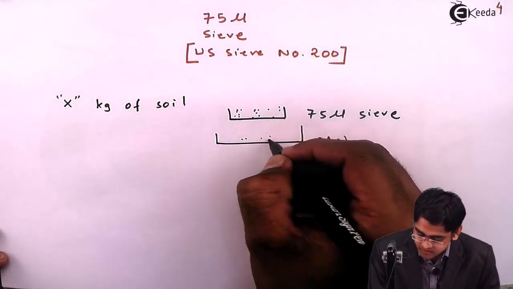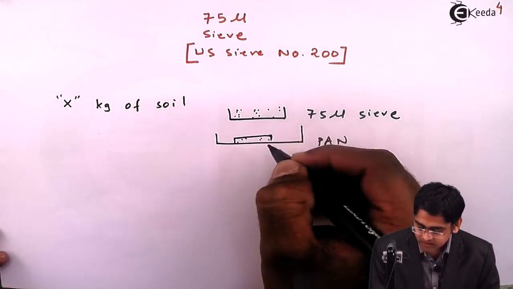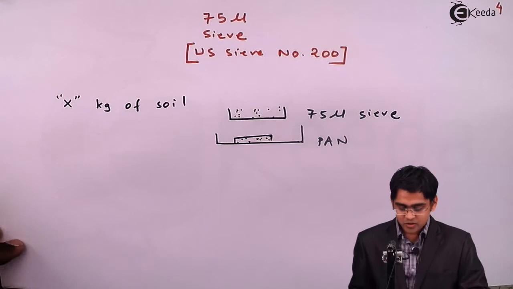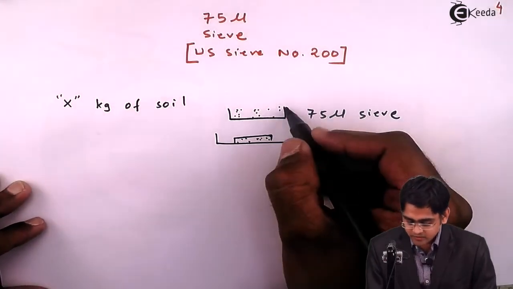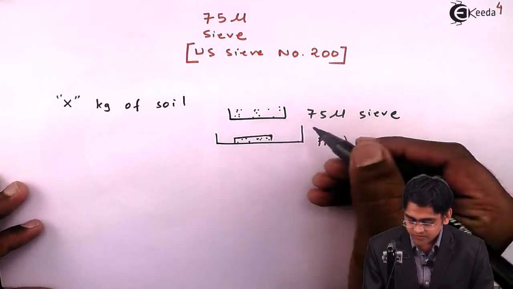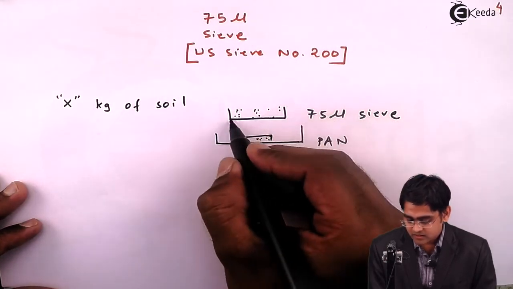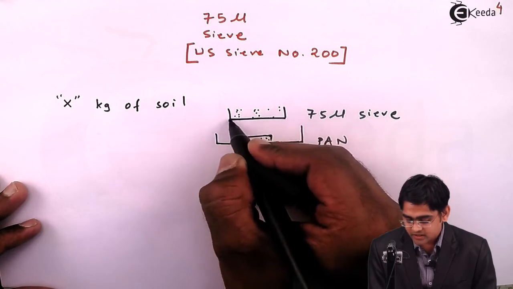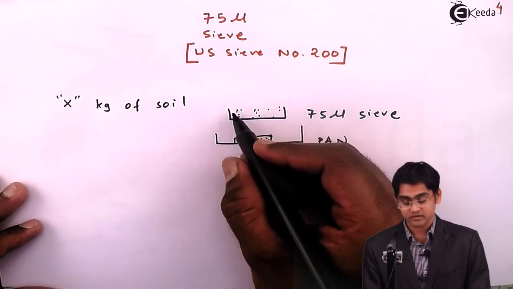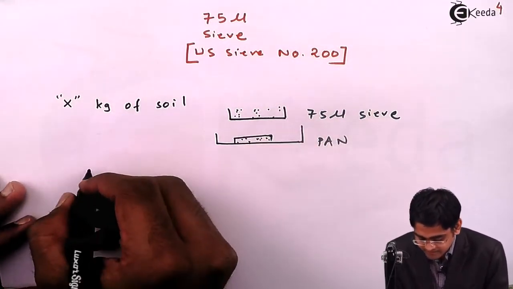These are the particles collected in the pan. So you will find a ratio of the particles which are collected or retained by this 75 micron sieve.